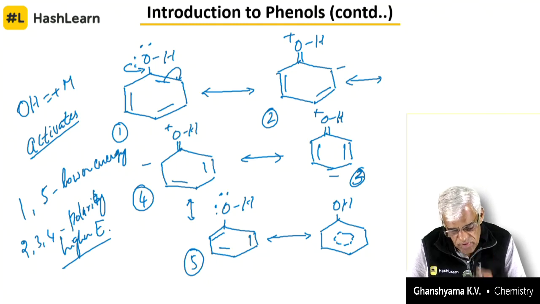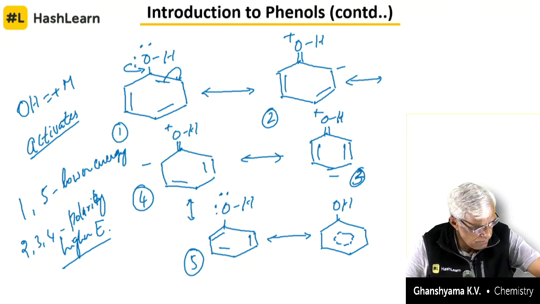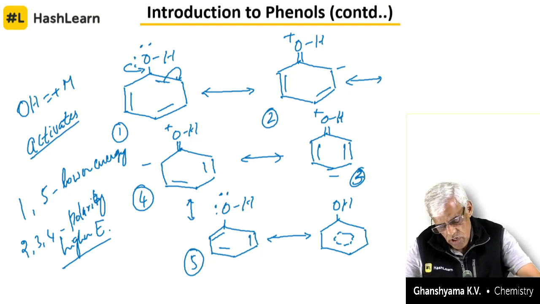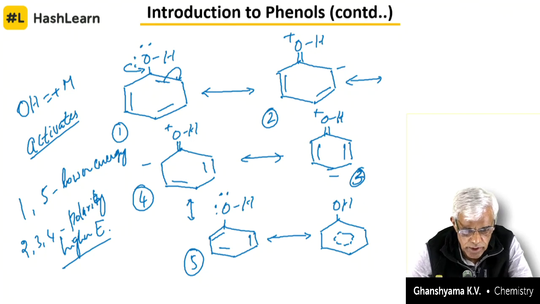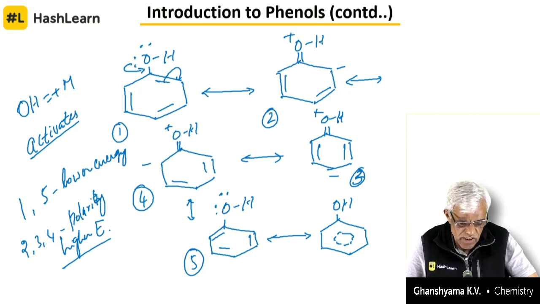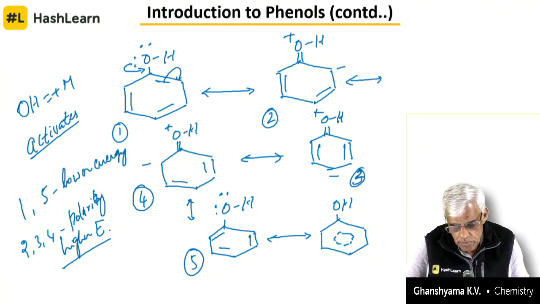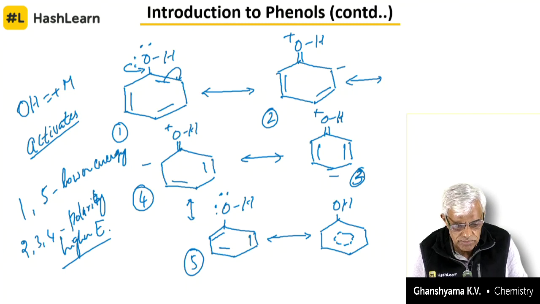So, remember, the resonance structures having ions or charge separation, their contribution is minimum to it, because 2nd and 4 involve separation of charges. Yes, you are right. Separation of charges and polarity, their contribution is less to that.